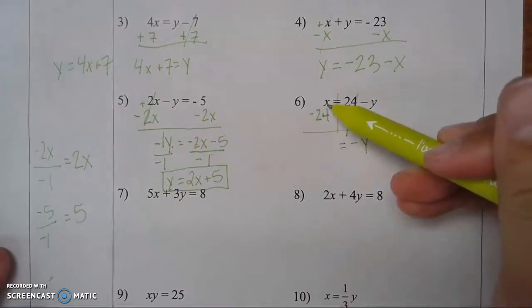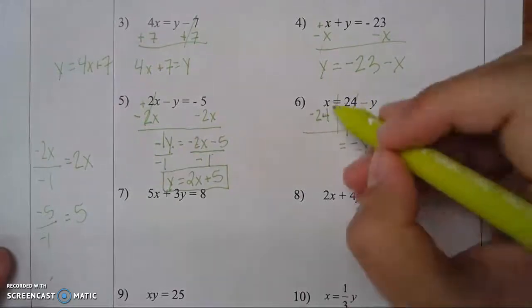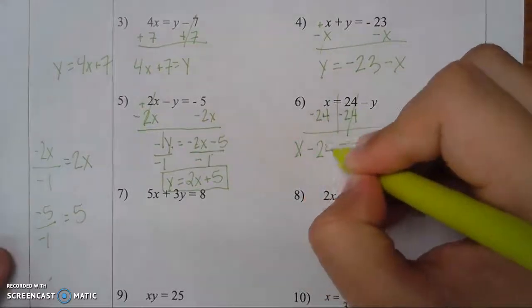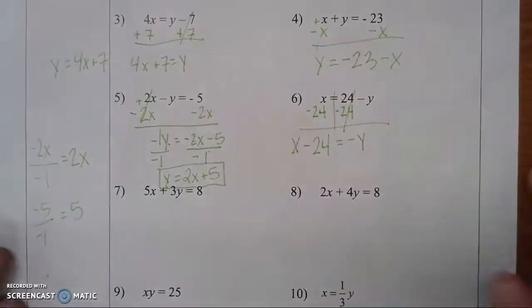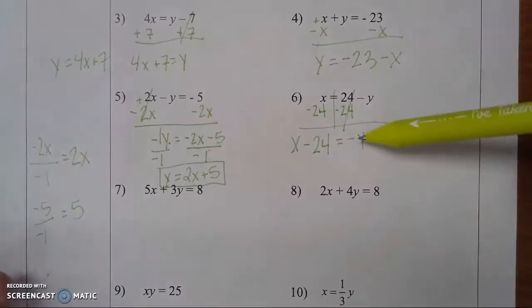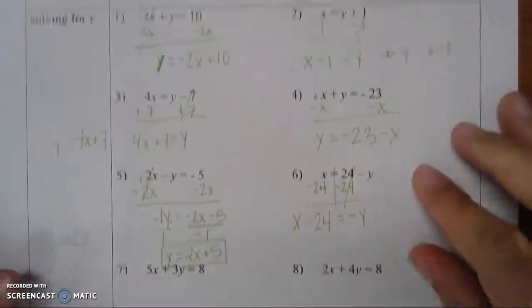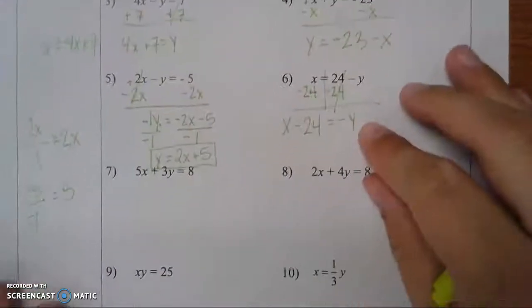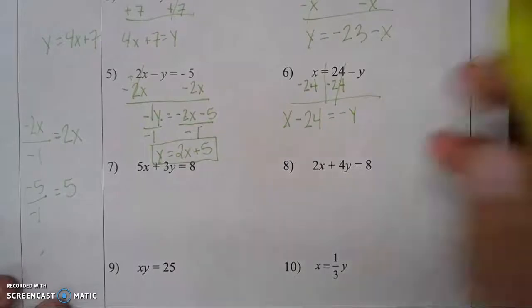And then over here on the left side we have x minus 24. You cannot combine those together because they're not like terms, so you are just going to leave it as that. Now, again, y needs to be positive. Our slope-intercept form is a positive y equals mx plus b, so I need to make sure that this y is positive.